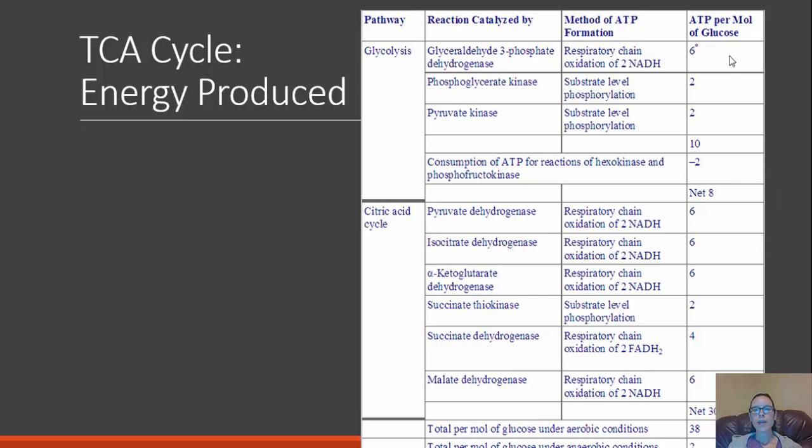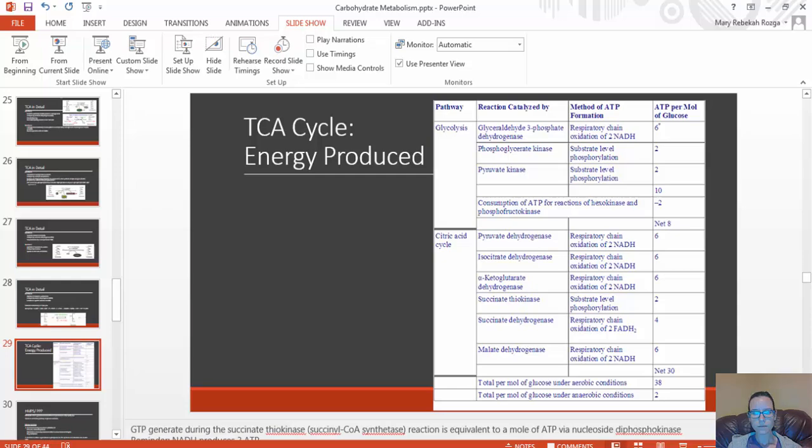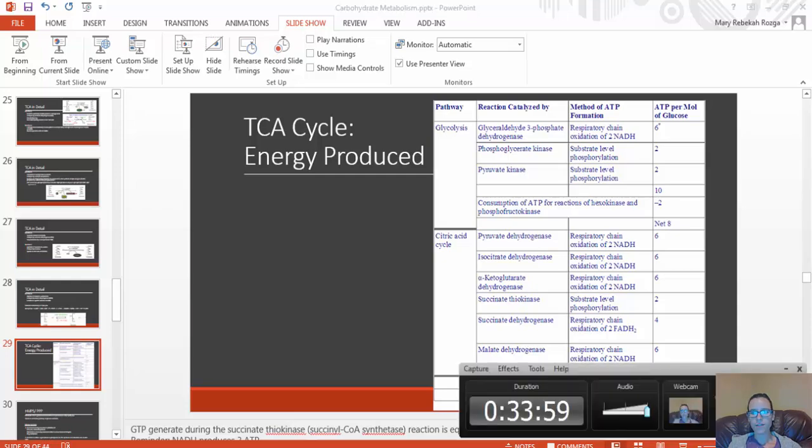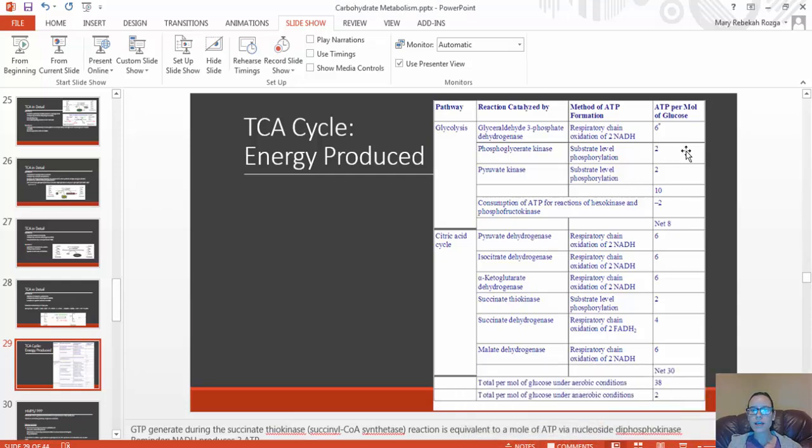So in glycolysis, we produce a total of 10 ATP, but we use 2 ATP in the first stages of glycolysis, and therefore we have a net of 8 ATPs produced in glycolysis.